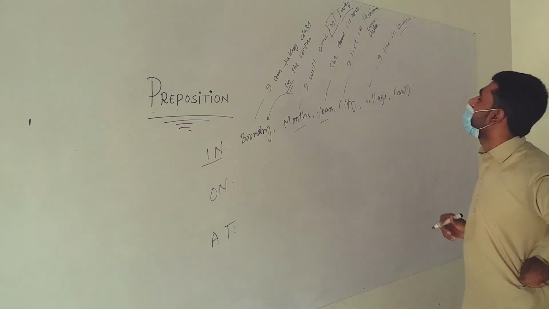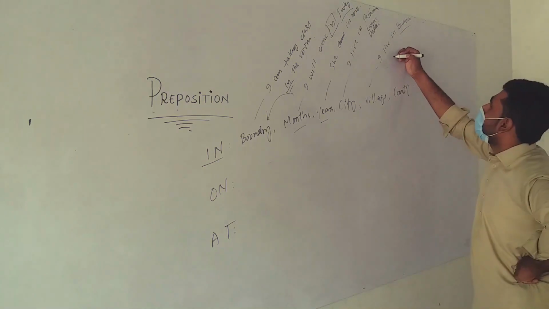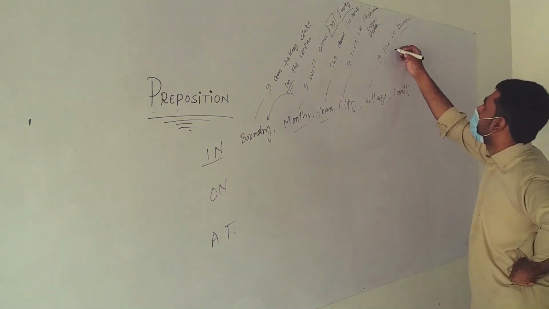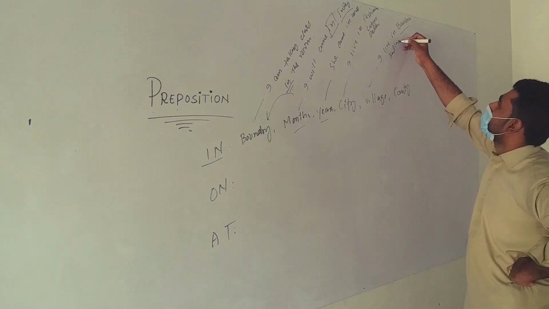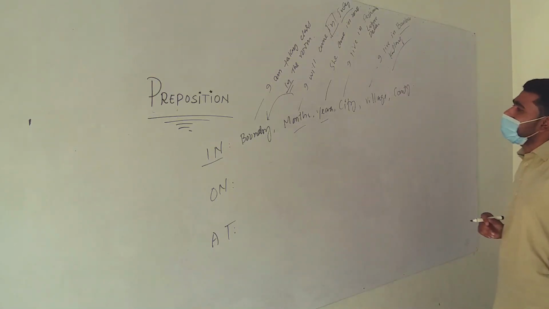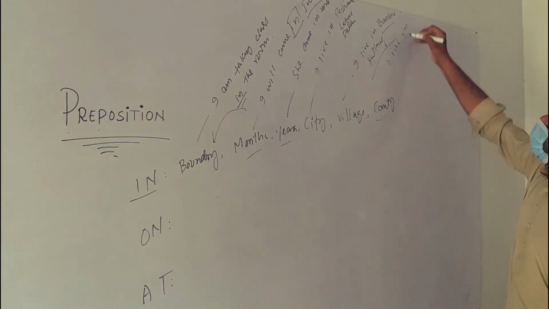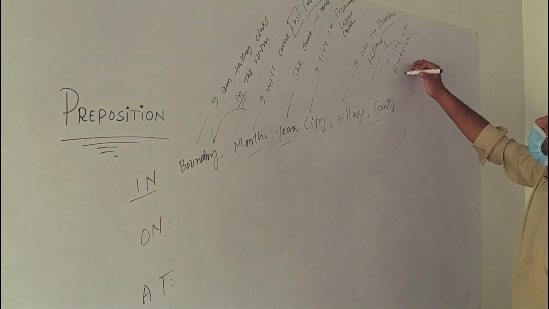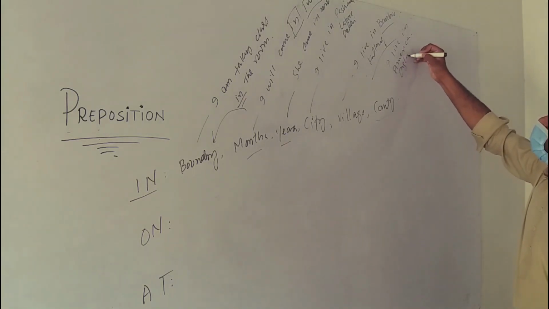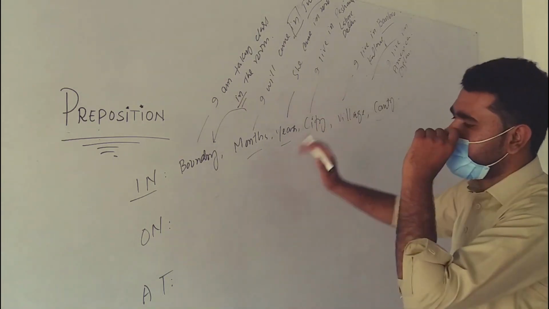It's a village in Mexico. Or I say I live in Cartland. So these are for village. For country, I live in America or England.